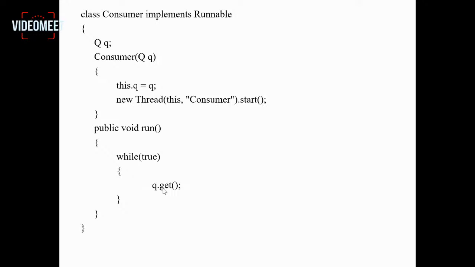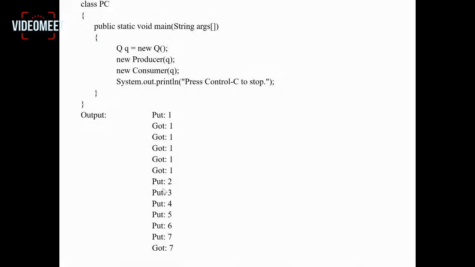Then in the PC class, we define the main method and we create an object for the Q class. Then we instantiate the producer class, so the constructor of producer will be called, and then the thread will be created, the start method will be called, and the run method will be called. So the producer thread starts running and producing by making a call to the put method.